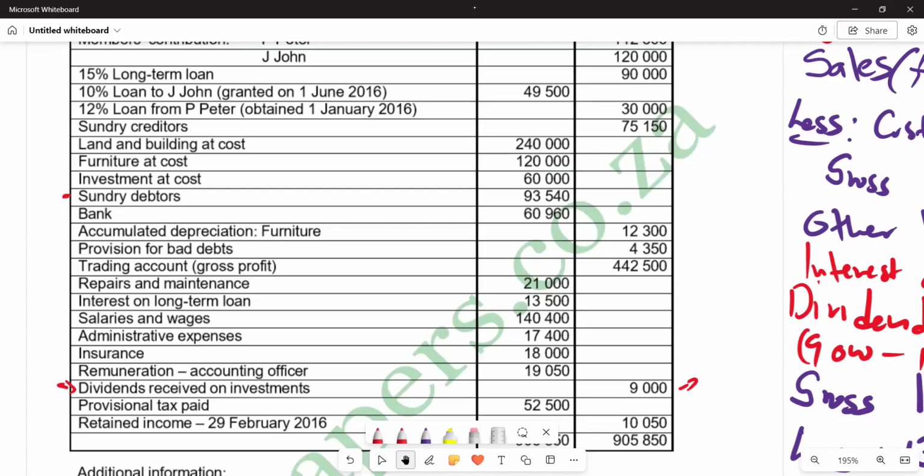After insurance, we've got remuneration for the accounting officer, which is 90,050. We don't have any adjustment to do with that, so we take it as it is.